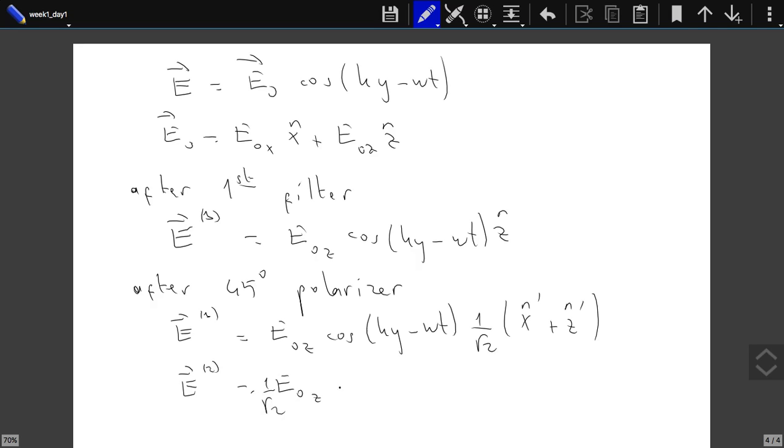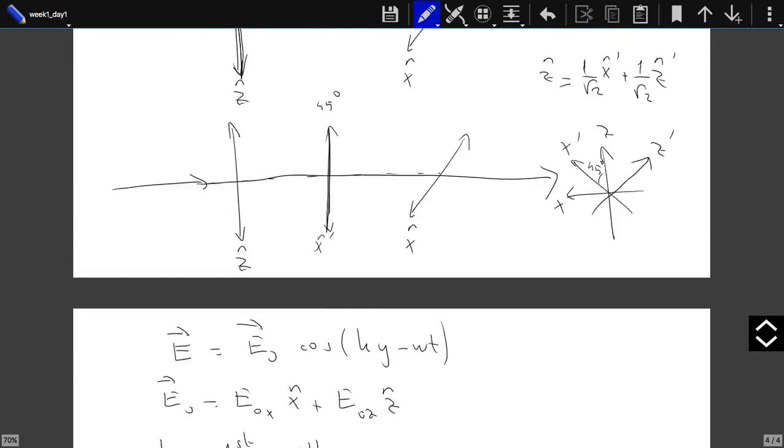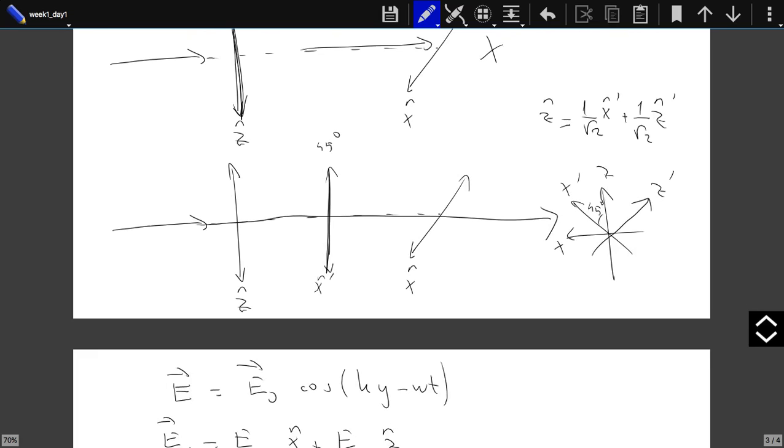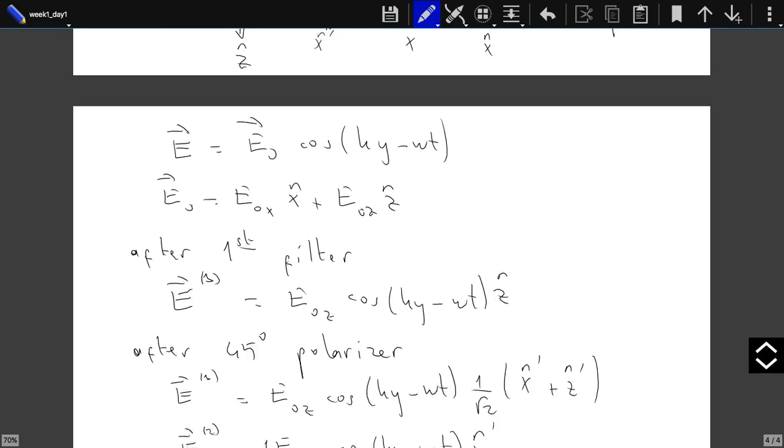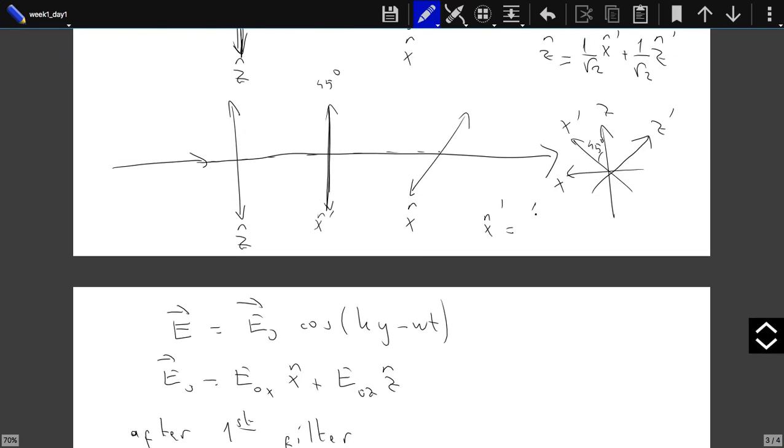So this is what we would have after the second filter. Again, let's come back over here. This is our X hat prime. X hat prime is nothing but 1 over square root of 2 X hat plus 1 over square root of 2 Z hat.